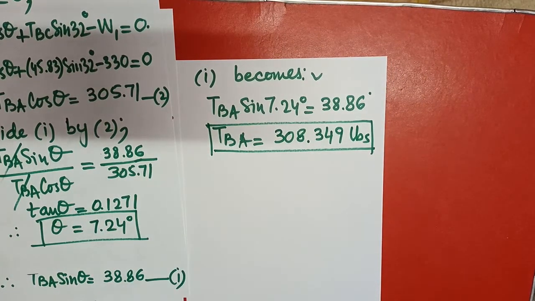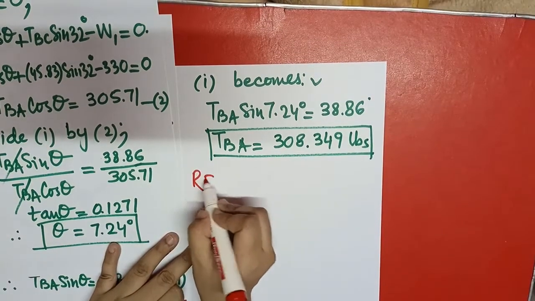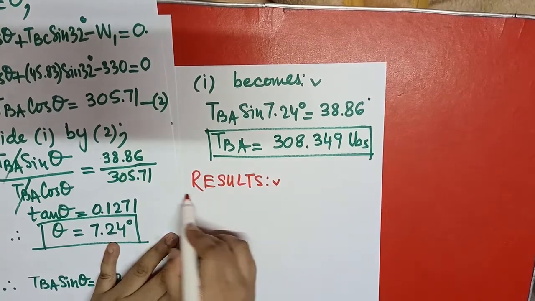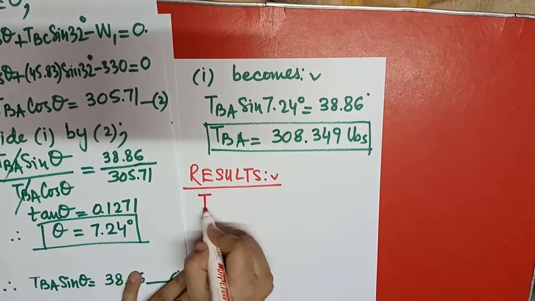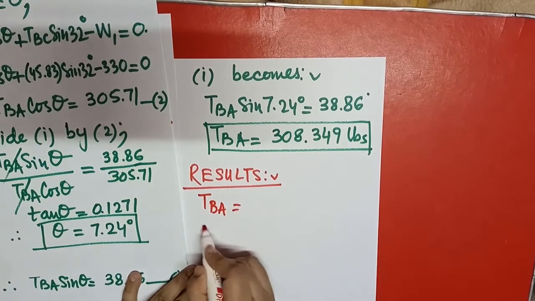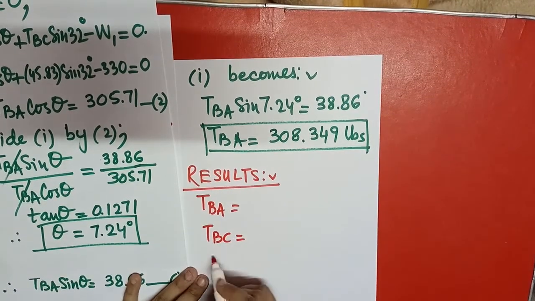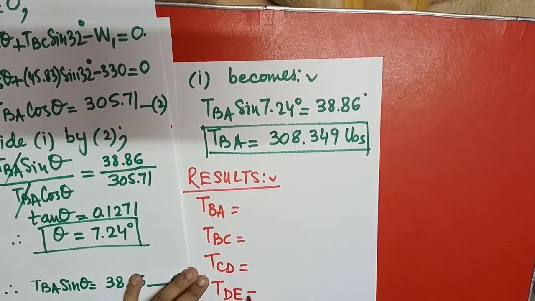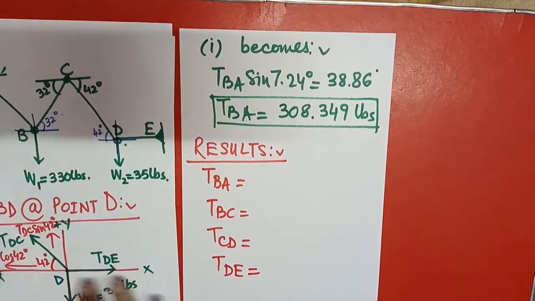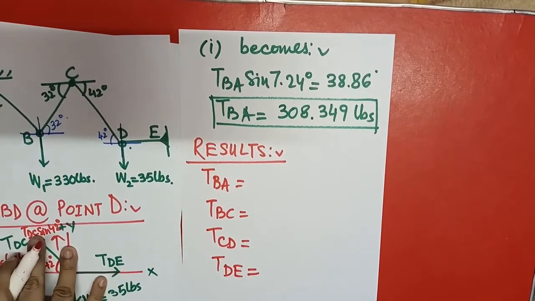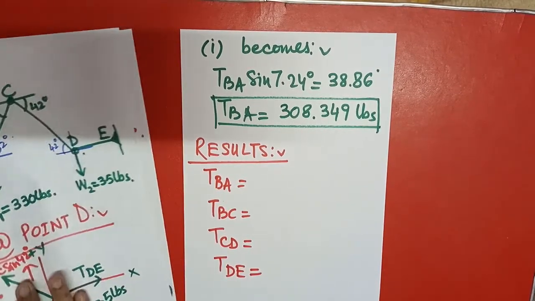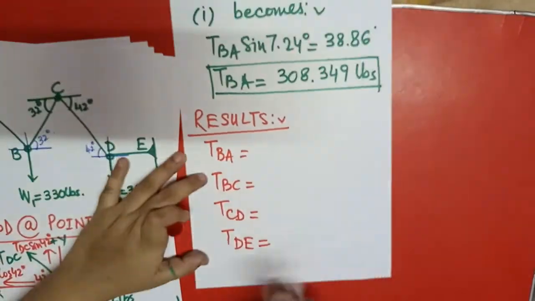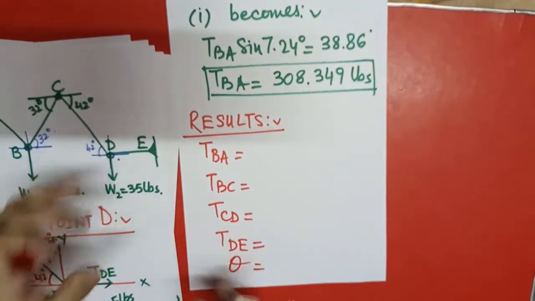And if you want to write down the results, you can also write them down. For example, I have to find out TBA, TBC, TCD or TDE. Is there any tension left? Let me check it out. TBC, TCD, AB, BC, CD and DE, and theta. So I can write their values.